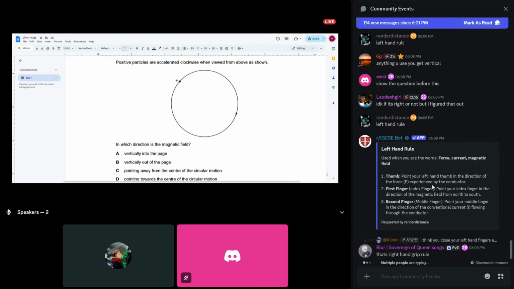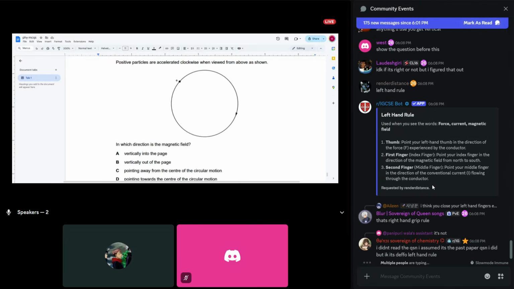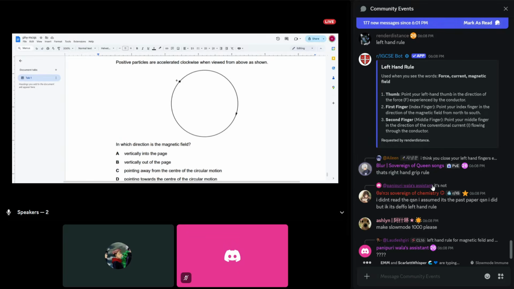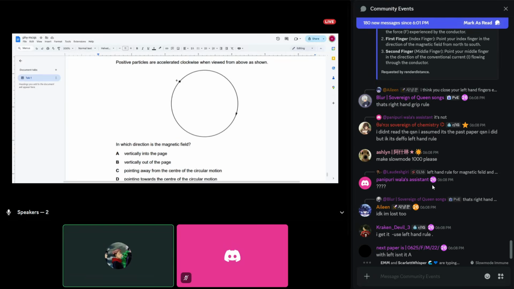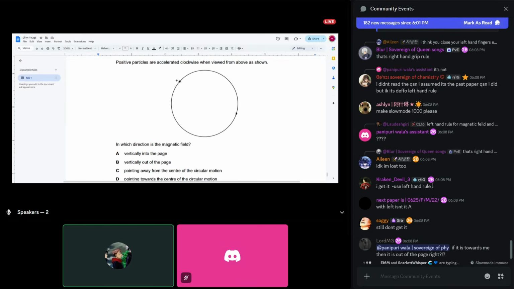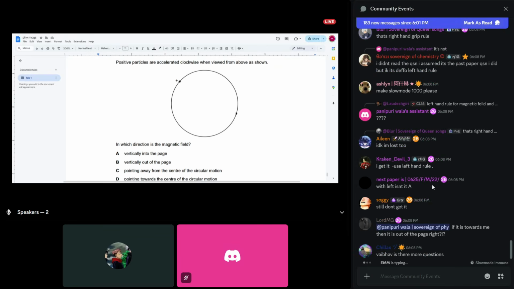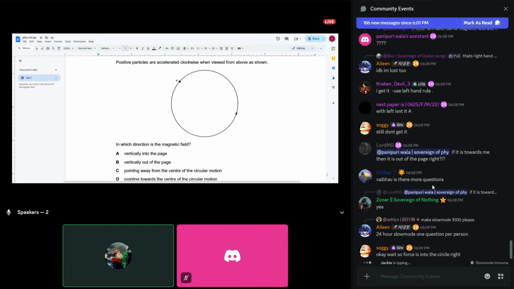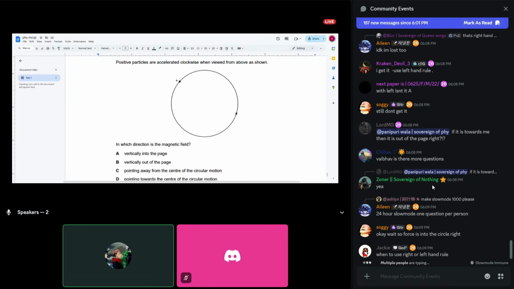Look. It's out of the page, correct? It's B. It's B. No, it's not A. Guys, look, it's centripetal force. Forces into the circle.